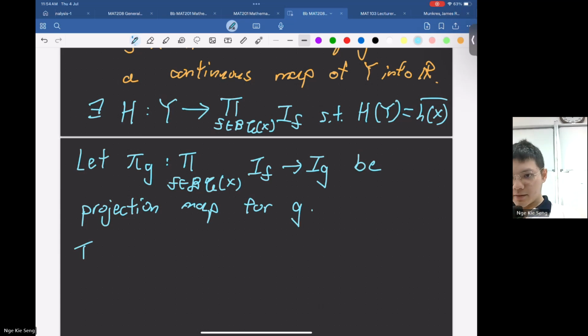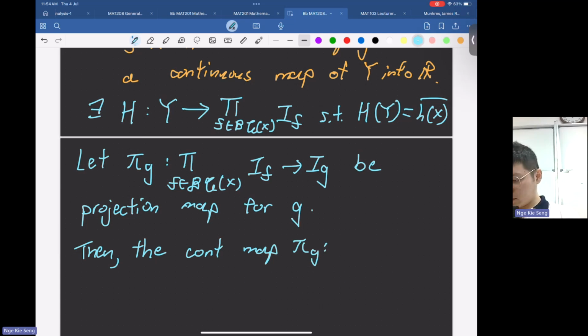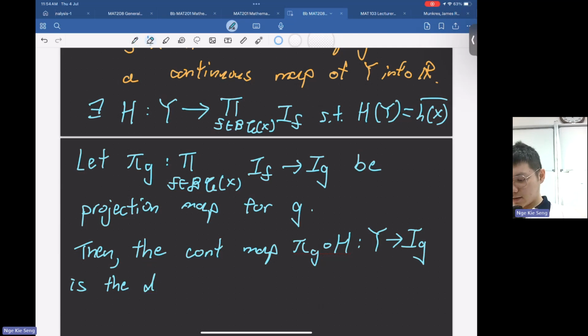Then we will say that the continuous map pi_g composed with H is a map from Y to I_g. So this is the desired extension for g.